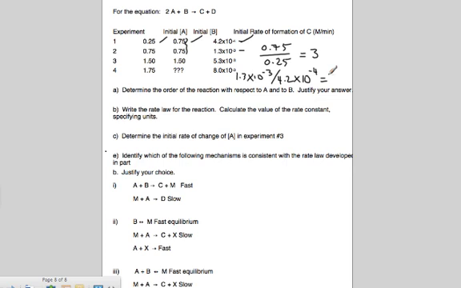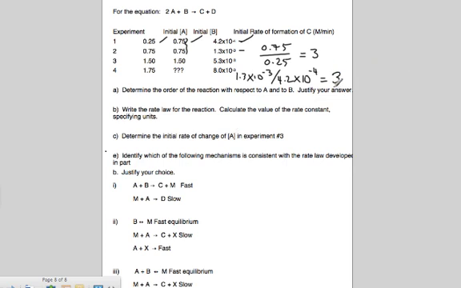I don't have this one worked out in advance. Okay, so I end up with 3 again. So a little over about 3.1, so 3. And so it's first order for A. Yes, first order for A.